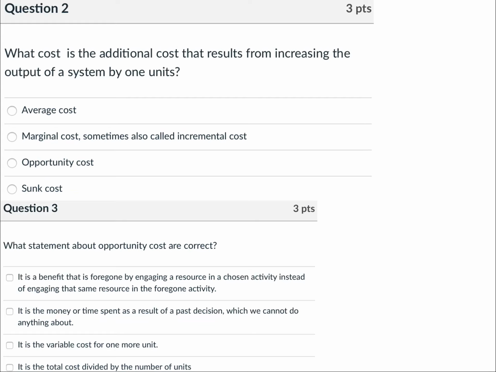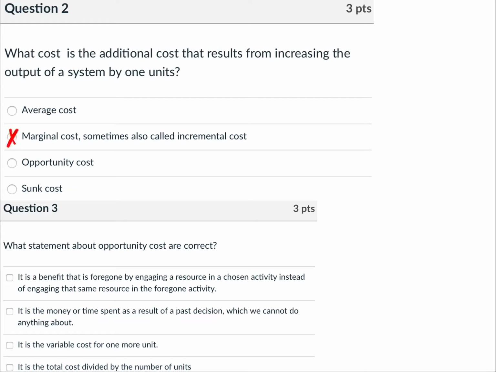The second question: what cost is the additional cost that results from increasing the output of a system by 1 unit? So 1 more additional unit, what's the additional cost? That's the marginal cost, sometimes also called incremental cost.